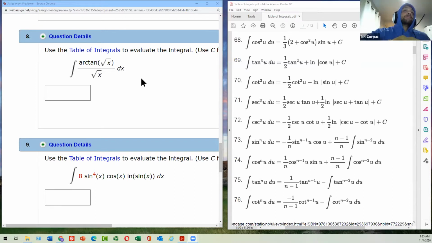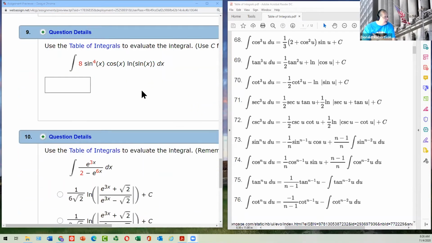It does. Do you know when you do a square root of x, you just trust me on this, you get a half inverse tan of u. And that you can look up in the tables. Right, so if you use a U sub of u equals the square root of x, 5 minutes later, you will end up with 1/2 the inverse tan of u du. You can look up the inverse tan of u from the tables and stick a half in front of it. Question 9 needs a U sub.